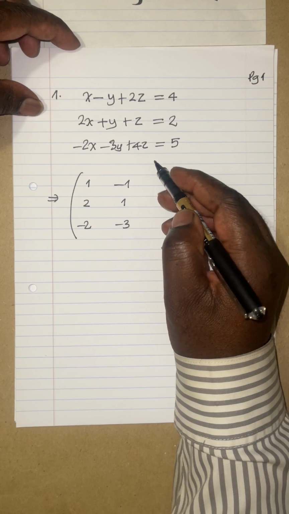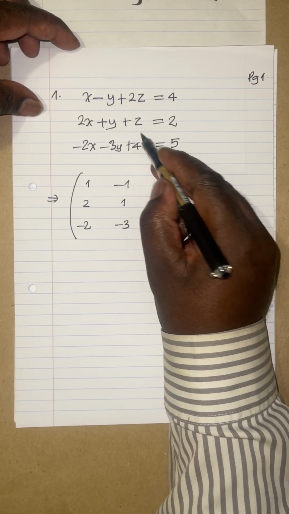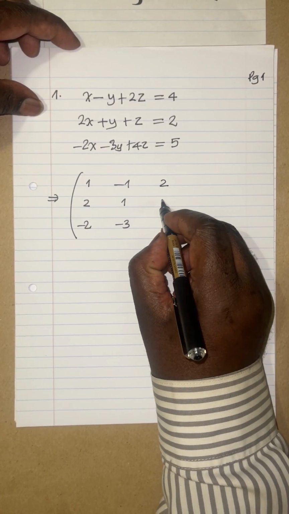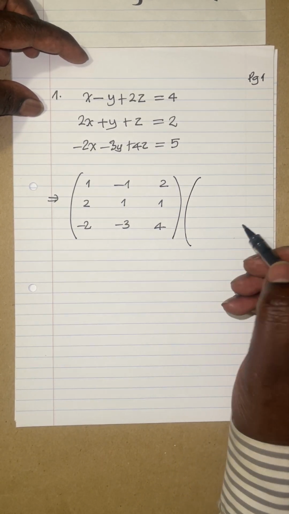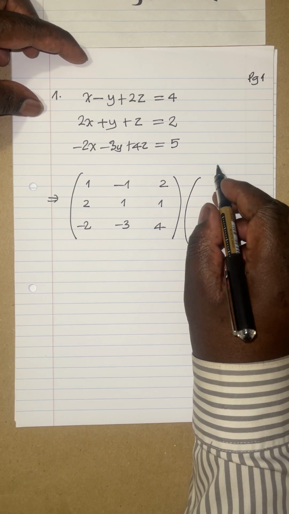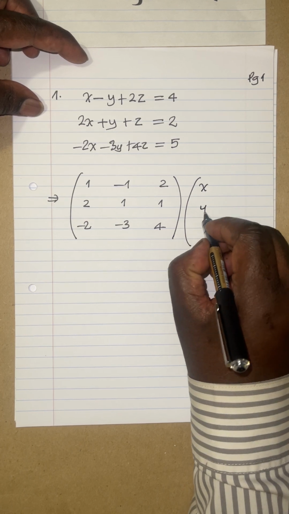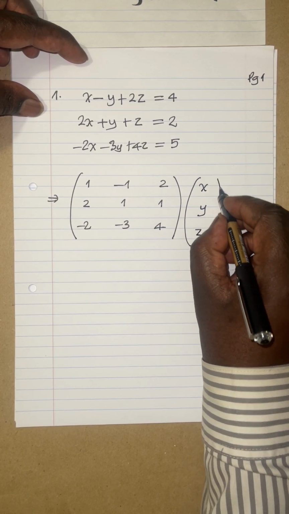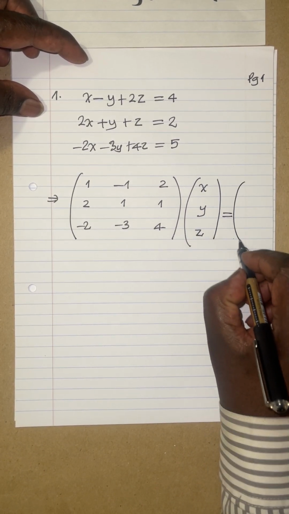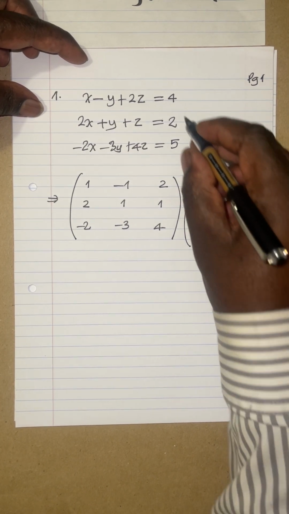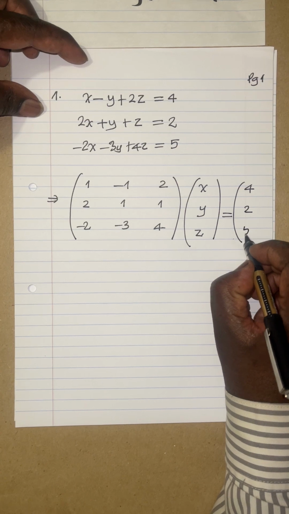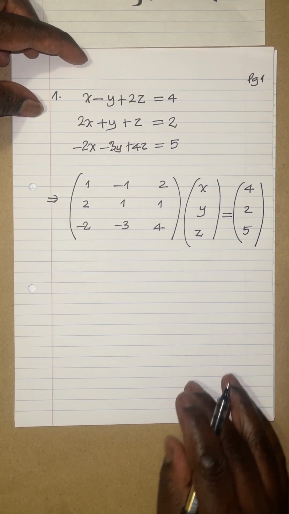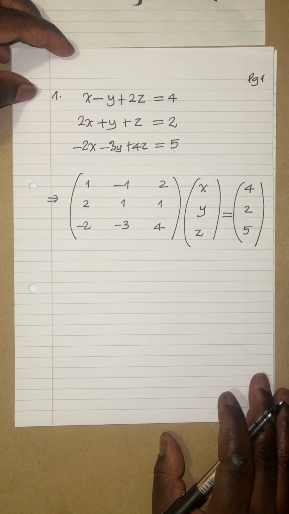And then finally, the third column is going to be 2, 1, 4. And then we have our matrix of unknowns, x, y, z. And then at the end there, our matrix of numbers on the right-hand side of the equation. That's 4, 2, and 5. So this is what we get from these three equations.